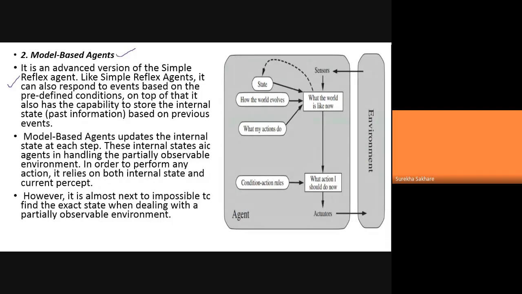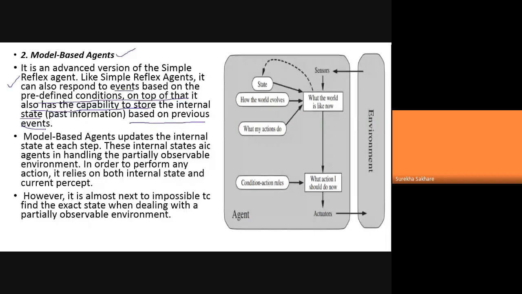Like the simple reflex agent, it will respond to the events based on what we have already defined, but it also has some capability to have past information. That means the same stone or a similar stone will not be picked on the surface, because unnecessarily it will increase the, what do you call, the space.